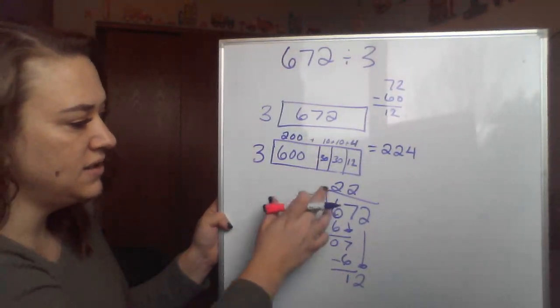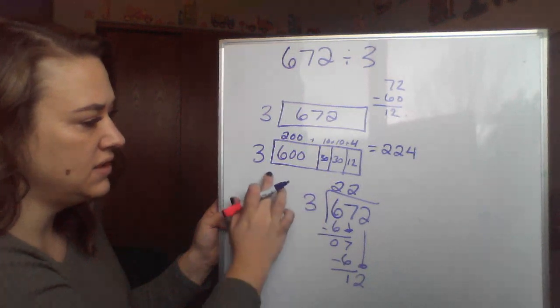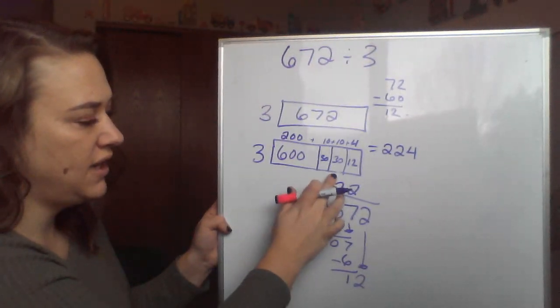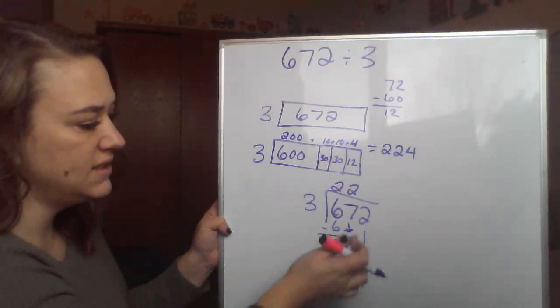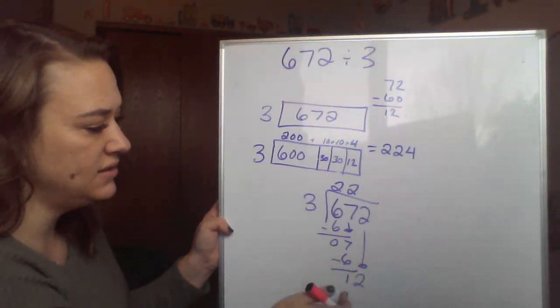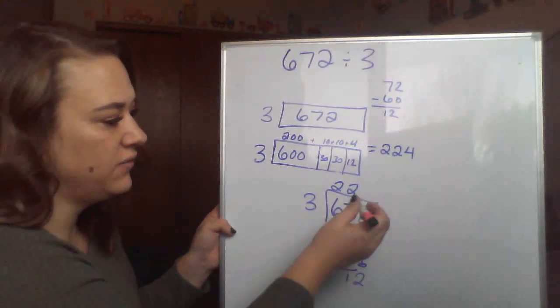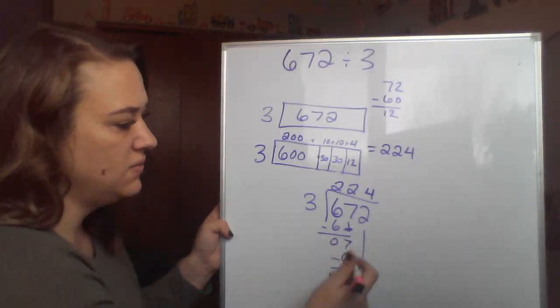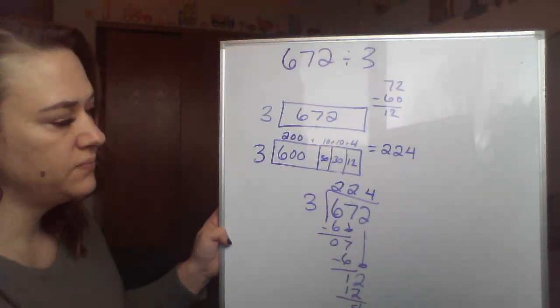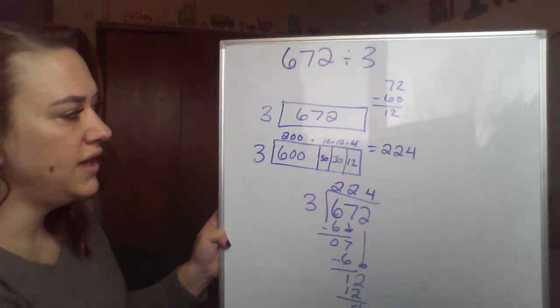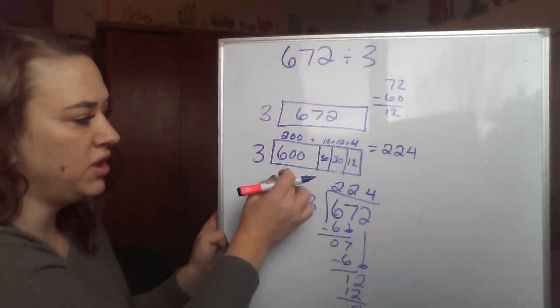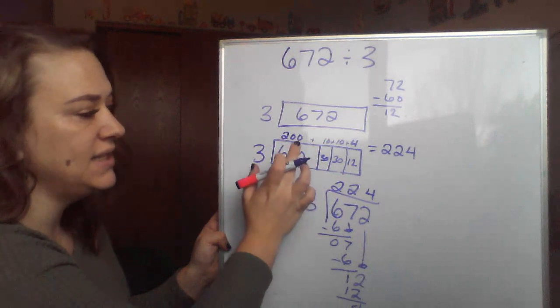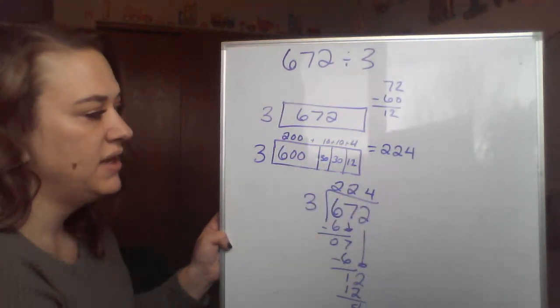So you can kind of see the patterns that are connecting. So I did my 600, my 2 30s I did on my 7s from my 10s, and then 12 divided by 3 we know is 4, which gave us that 224. Okay, so really the area model is breaking the number apart into easier divisible numbers.